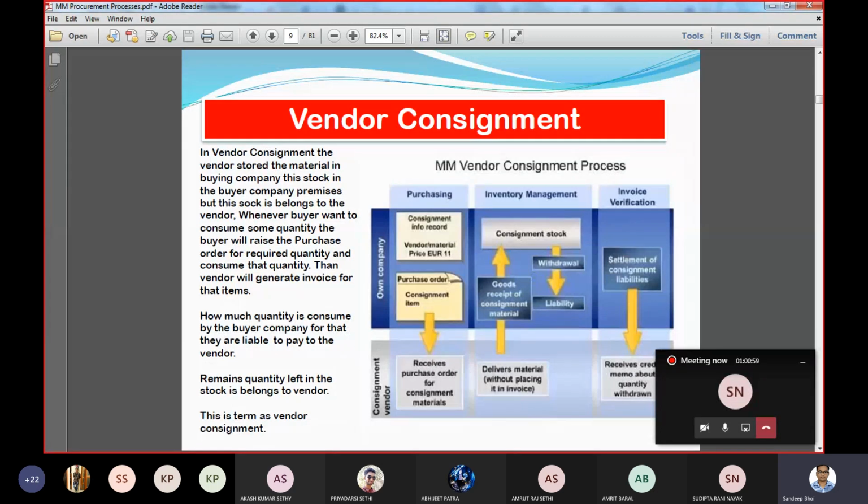Then your organization is cheating the vendor, right? But there is a liability agreement, so that however much consignment stock you have used, only that much amount you need to pay to the vendor. Hope you got it.